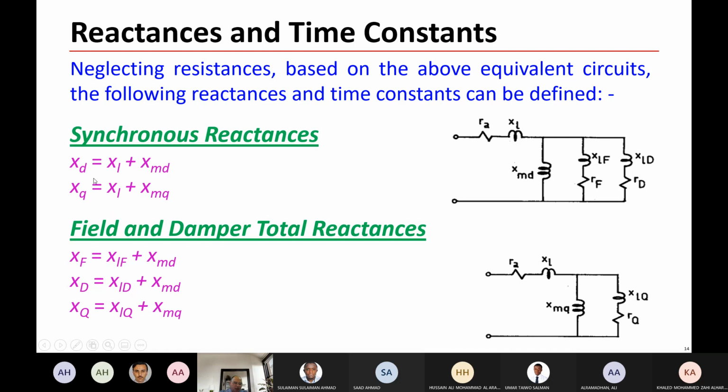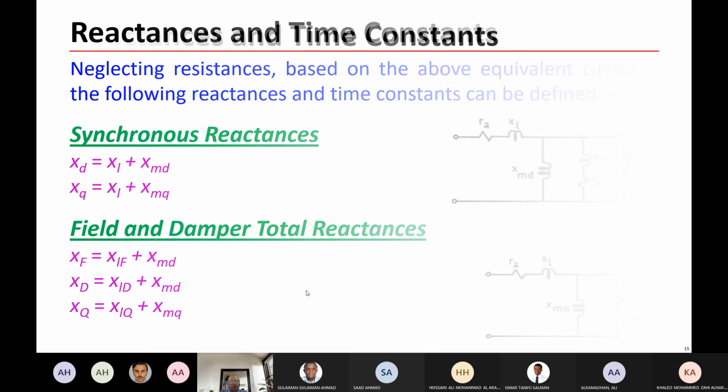This is the steady state reactances. And field and damper total reactances, XF here equals the leakage plus the mutual, the damper winding in the D axis and the quadrature axis. Again, the leakage reactance plus the mutual.